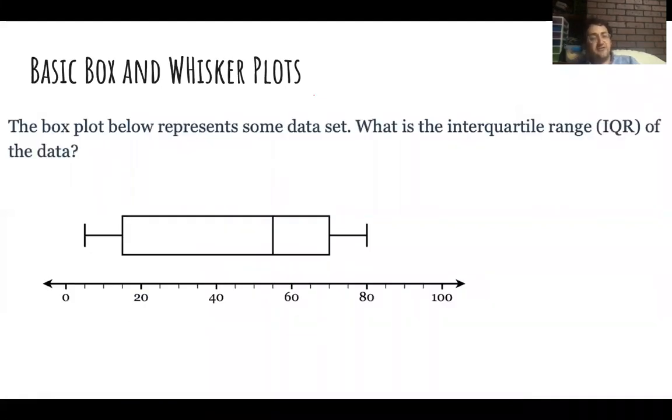I'm also going to have you do a little bit of analysis of box and whisker plots. So the interquartile range simply asks us how wide is the box?